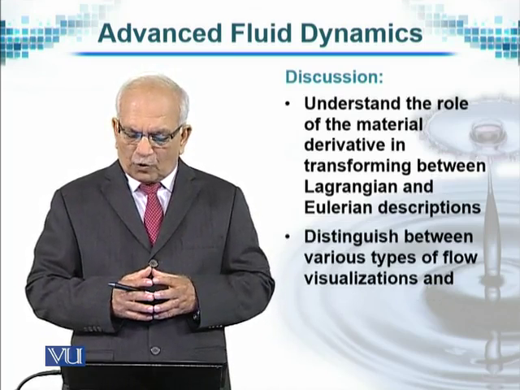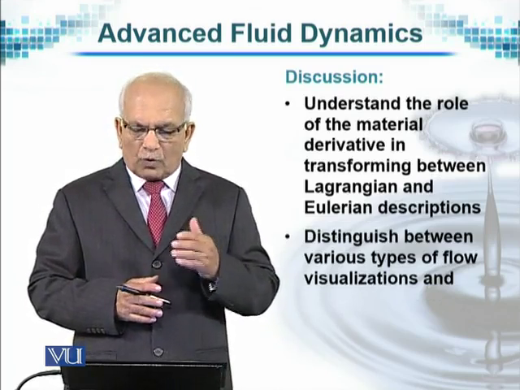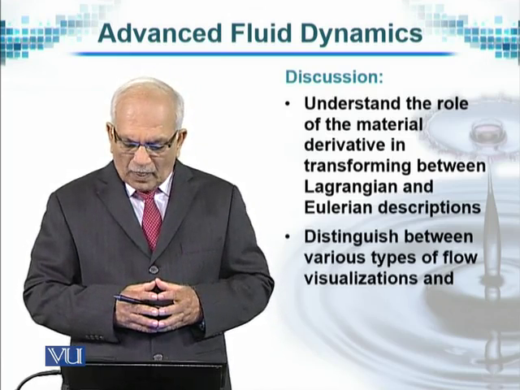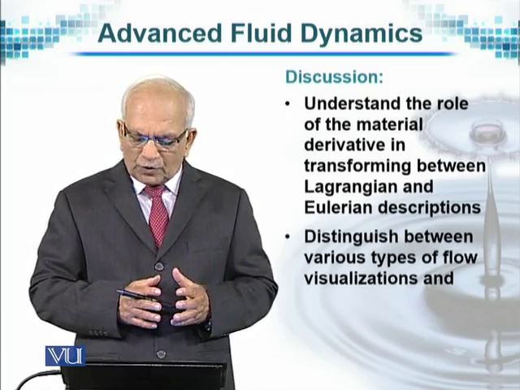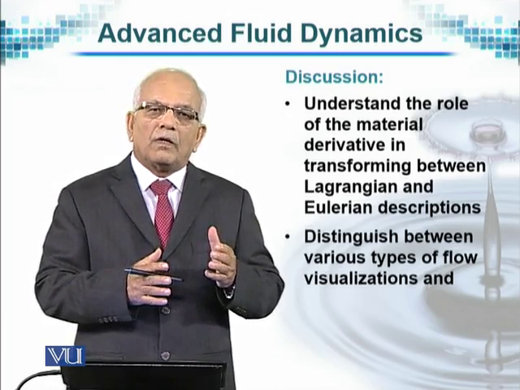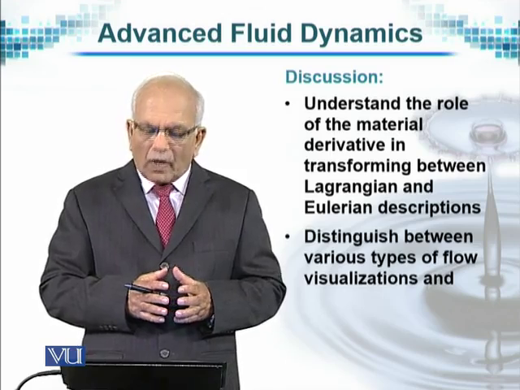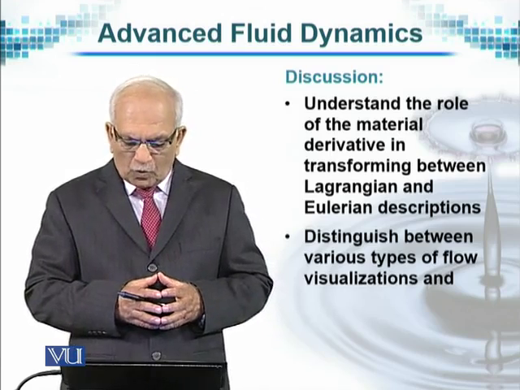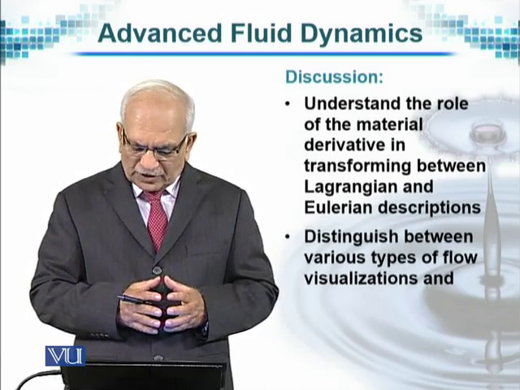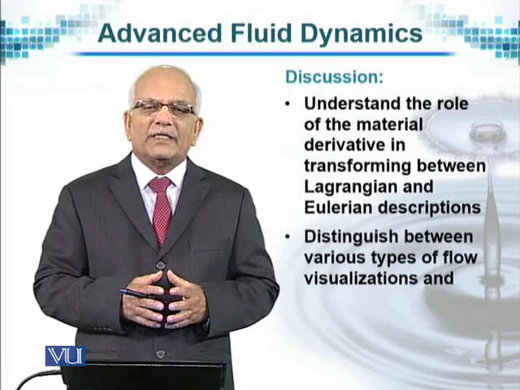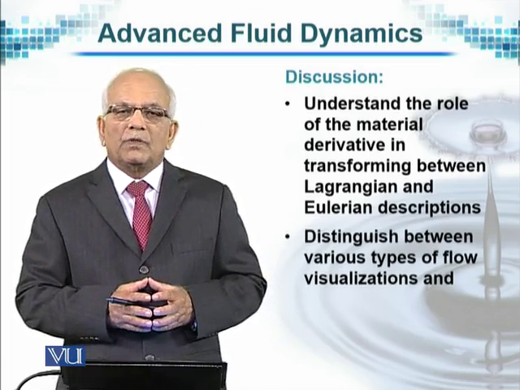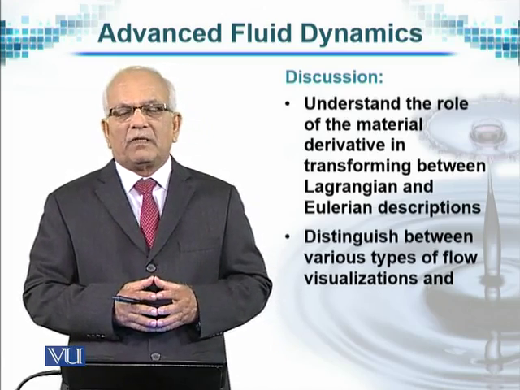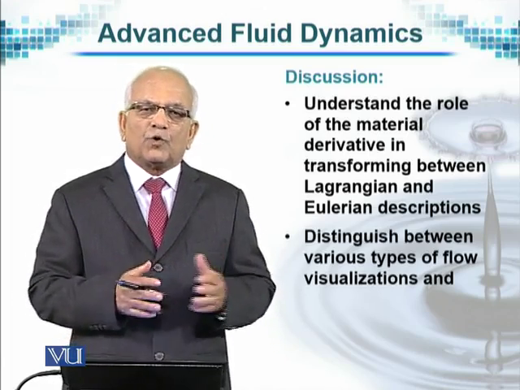It's important also to understand the role of what we call the material derivative that transforms from Lagrangian representation to Eulerian representation that I had also mentioned in my earlier discussions, that there are 2 ways when it comes to representing in terms of equations, mathematical variables, x, y, z, and so on.